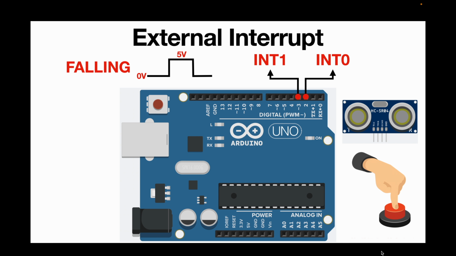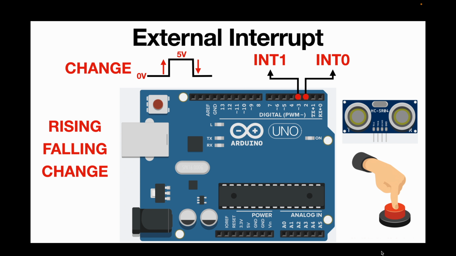It can also be triggered by a falling change on the pin, which means that the signal on the pin goes from high to low. And a third possibility is to trigger the interruption just by a signal change on the pin, which means that the signal on the pin can go from high to low or from low to high to trigger the interruption. All three possibilities will be explored during the code development.